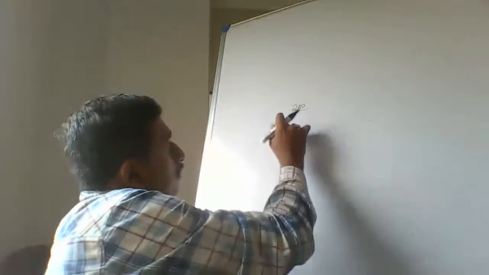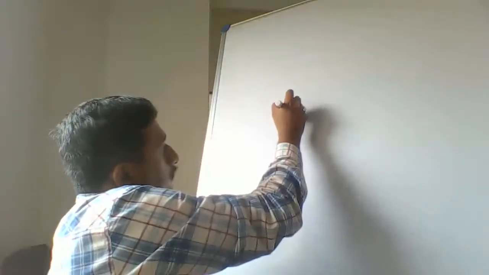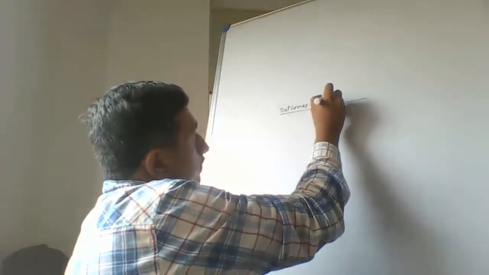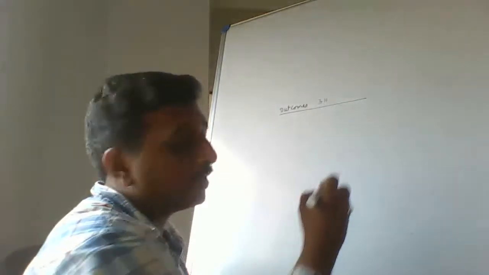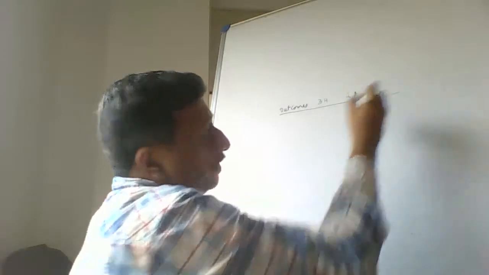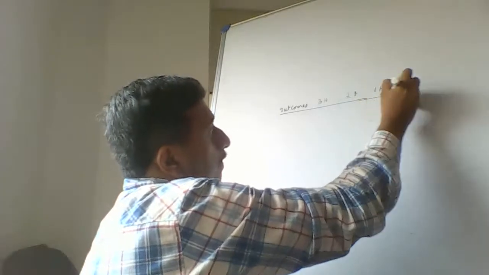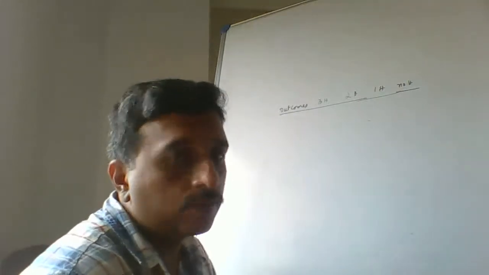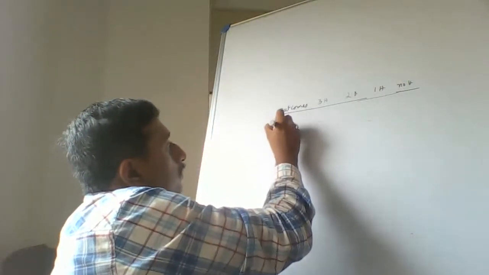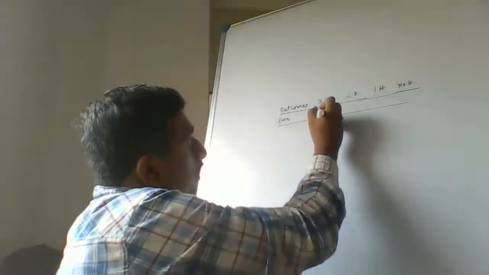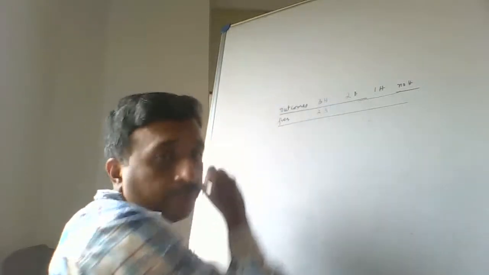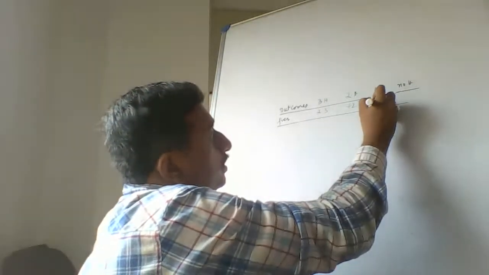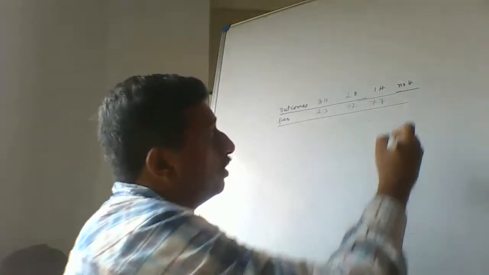The outcomes are three heads, two heads, one head and no head. These are the outcomes and the frequency of how often each occurs. Three heads occurring is 23, two heads is 72, one head is 77, and no head at all is 20.